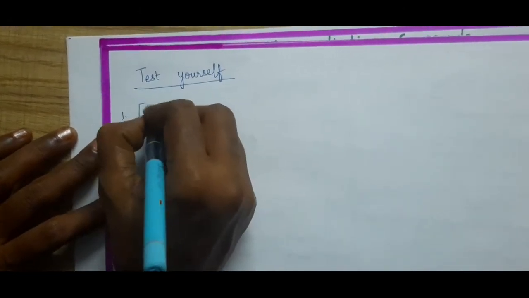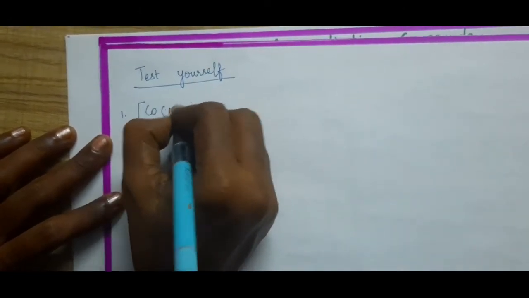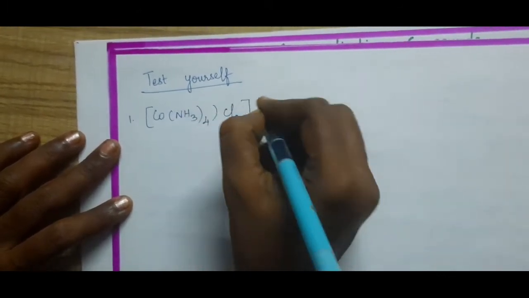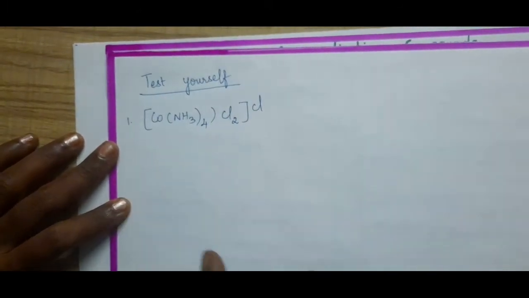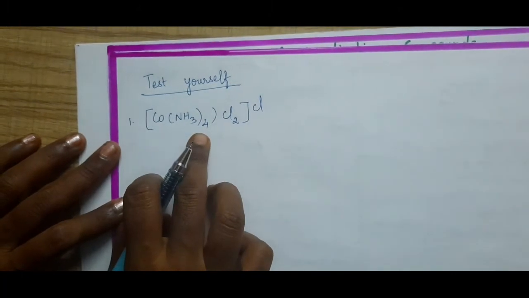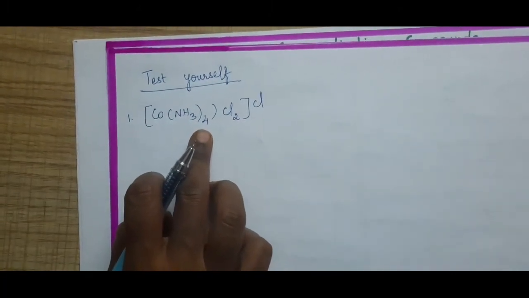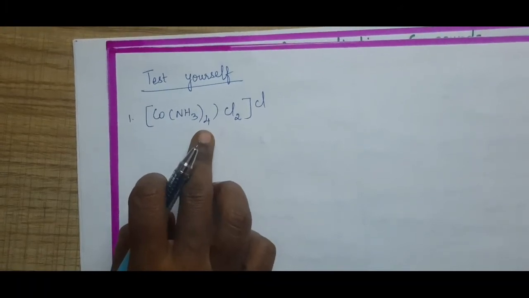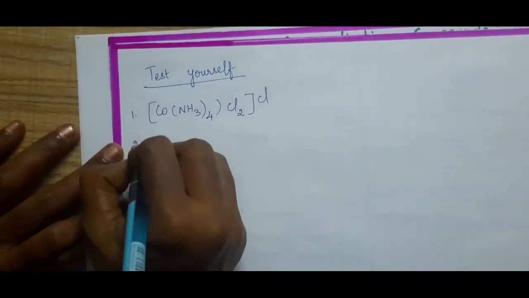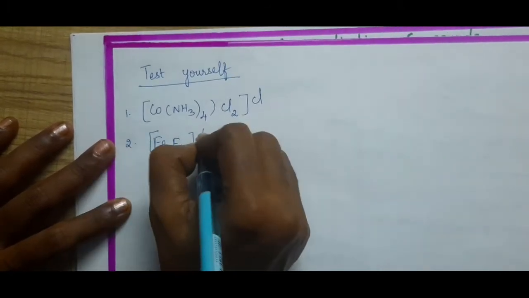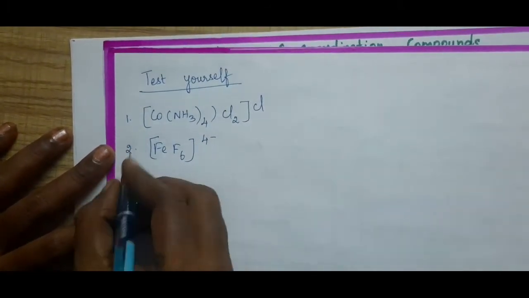Try the compound [Co(NH3)4Cl2]Cl. The same thing I have discussed here, but with pentaamine. Here I have given tetraamine, so it is very easy. Just try to find out the answer. And the next question, [Cr(en)3][CrF6]. This we have also discussed.